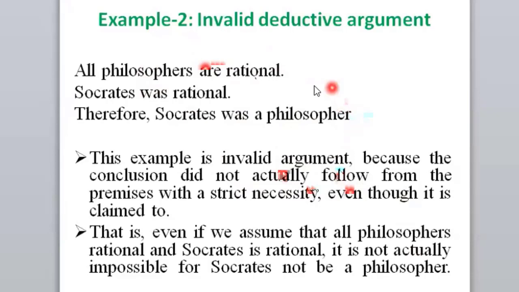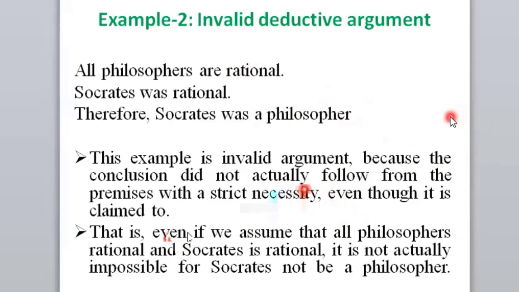Because there are individuals who are rational but may not be philosophers. If they are philosophers, we can speak of Socrates necessarily being rational. So it does not follow from the premises with strict necessity, but it claims to.